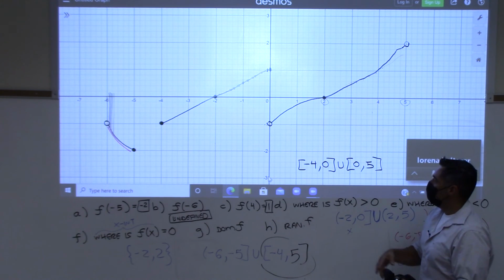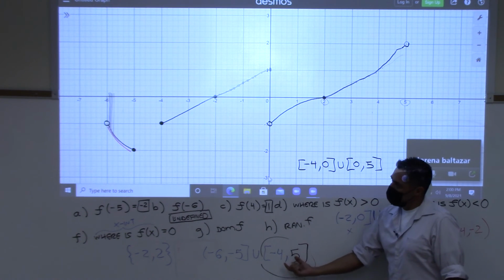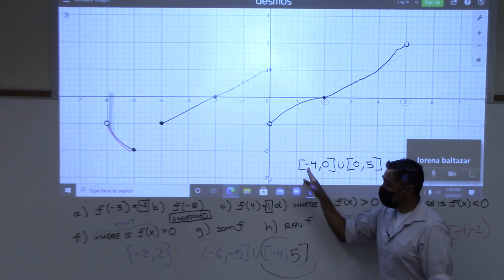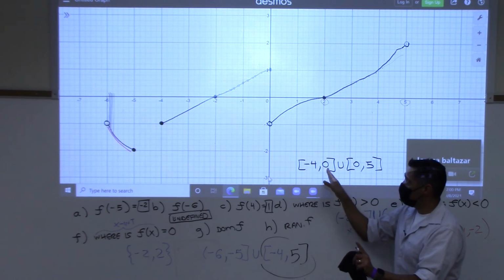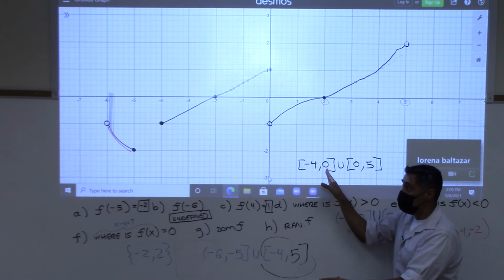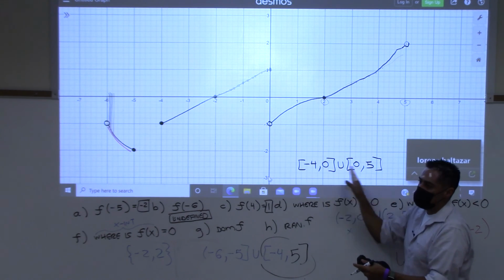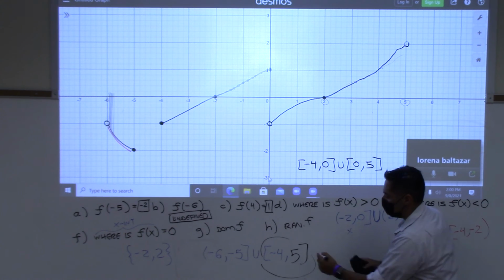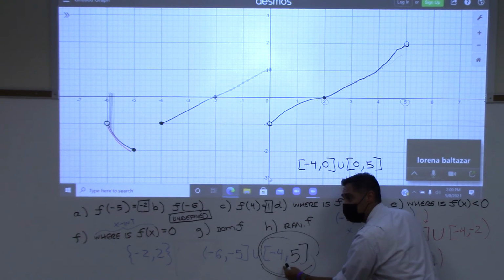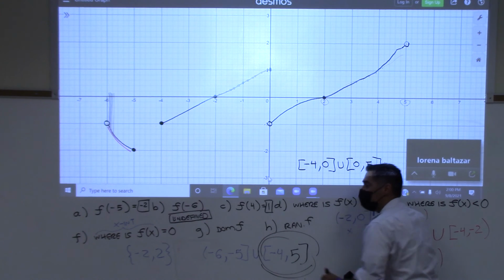This says go from -4, include -4, go all the way up to 0, include 0, and then start at 0, include 0, and go to 5. You didn't have to tell me to include 0 twice, because this implies that 0's in there. So it's not wrong.